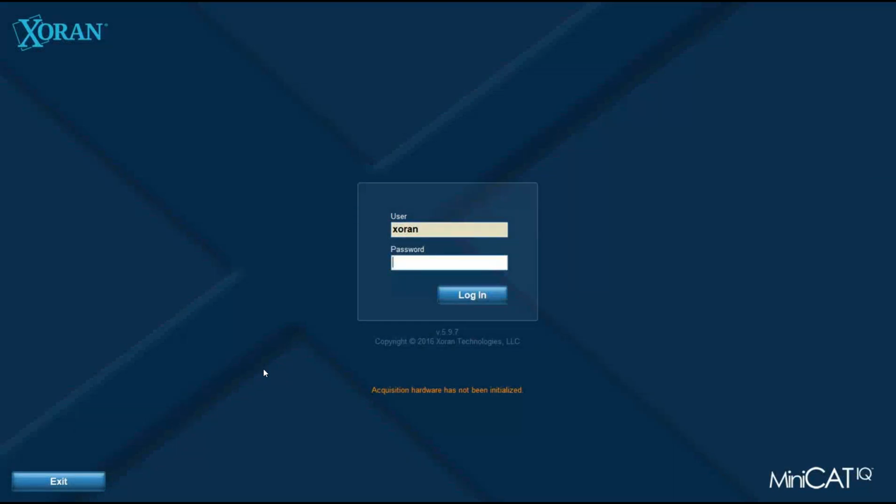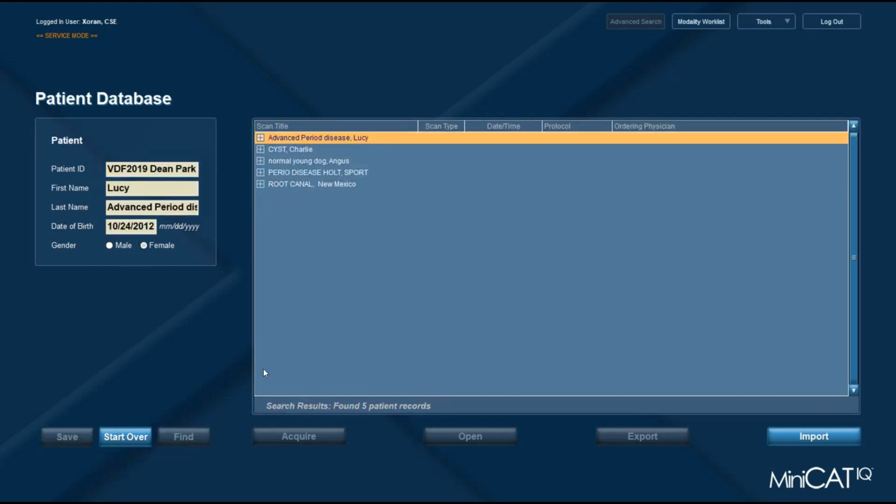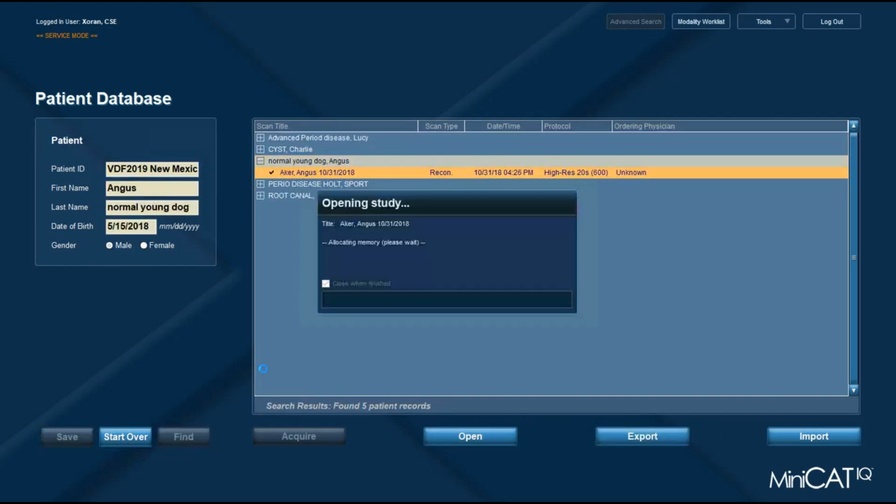So let me go back to the cases here. Again, this would be very much what you'd see on your VetCAT. When we go to a normal anatomy, we're going to open this case together and take a look at it.